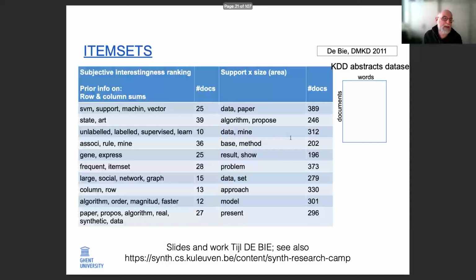Now the next step he then takes is that there are prior expectations, which would basically be the sums over the different columns, the number of occurrences of words and the number of words in documents, so the row sums and the column sums, that these are known in a sense.